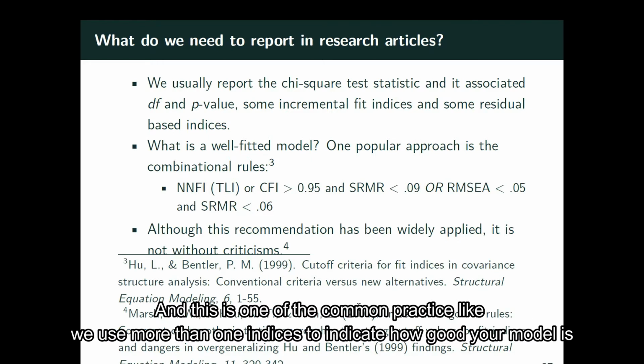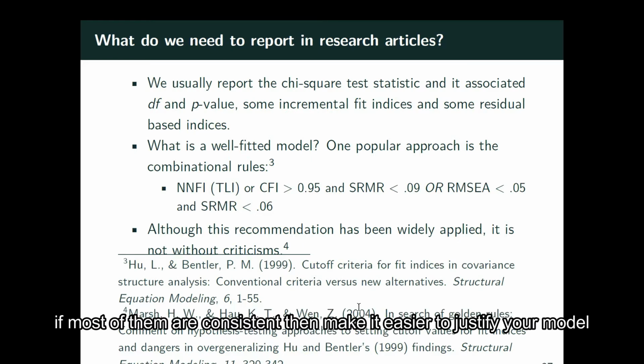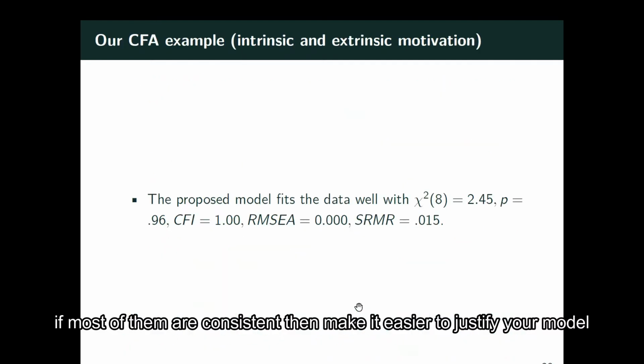This is one of the common practices: we use more than one fit index to indicate how good your model is. In other words, we are not focusing on just one fit index. We need to report multiple. If most of them are consistent, then it makes it easier to justify your model.